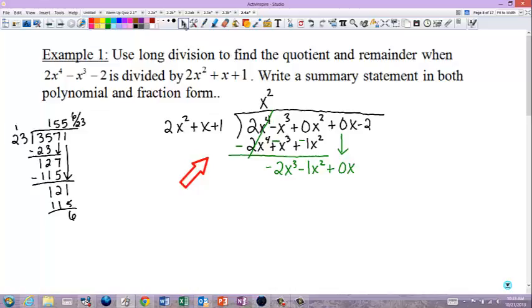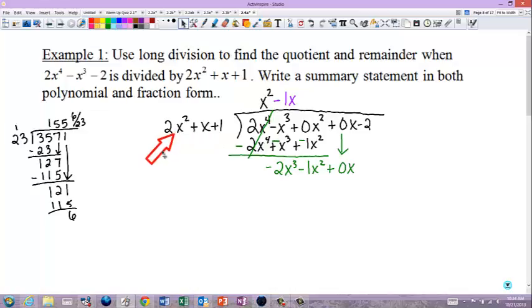Now I ask, what do I have to multiply by 2x squared, again just the first term, to give me a negative 2x cubed? It's a positive 2 and a negative 2, so I need a negative 1. I have 2 x's, I want 3, so I'm going to do a negative 1x. Now I distribute all the way through.